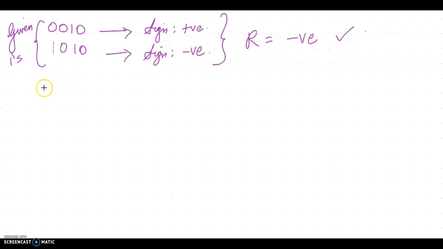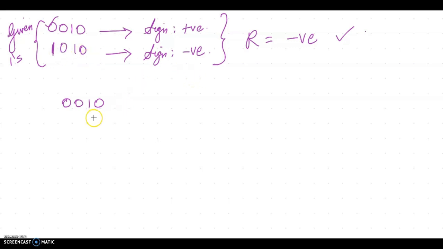The next step, as we just discussed, is to obtain the true and uncomplemented forms. Since the first number is positive, it is already in the true and uncomplemented form. The second number is a negative number, indicated by this 1. So 1010 tells me that it is negative.